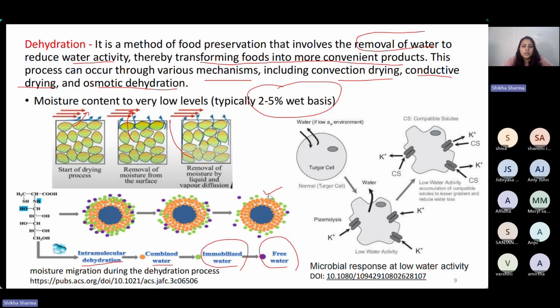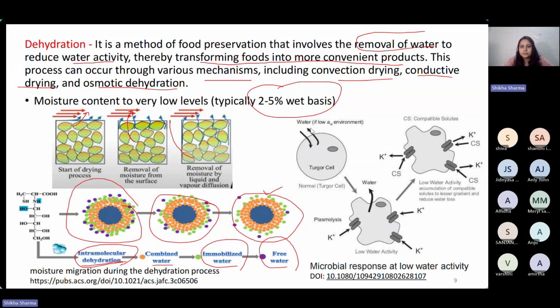The free water at the surface will vaporize first, and then the immobilized water, then the combined water, and the last will be the water which is attached to the molecules, or the bound water basically.